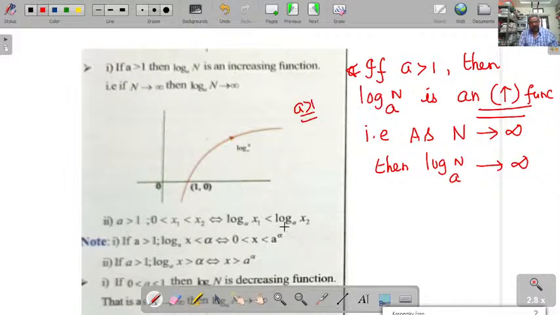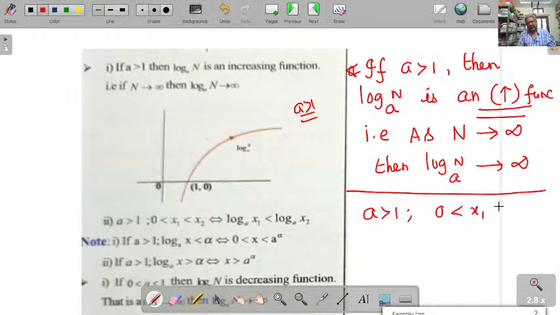One more thing is very important, you remember. For example, a greater than 1 and 0 less than x1, x1 less than x2. That means x1 is positive, x2 is also positive. Then if you apply logarithm on both sides, the symbol does not change.